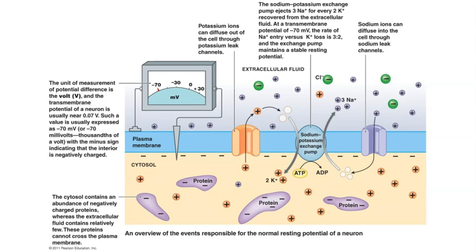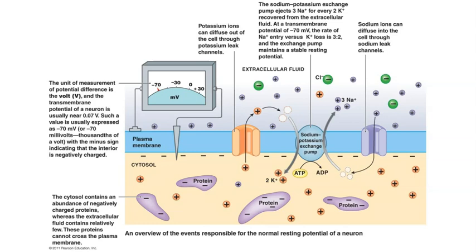So notice that there are two protein channels. One is orange, and that is a potassium leak channel that allows potassium to diffuse or leak out of the cell because the concentration of potassium is high on the inside of the cell. That means it's going to diffuse from high to low concentration, and in doing so, it will diffuse out of the cell.